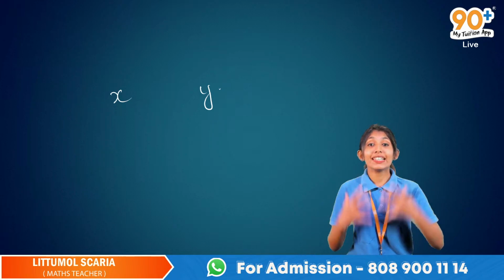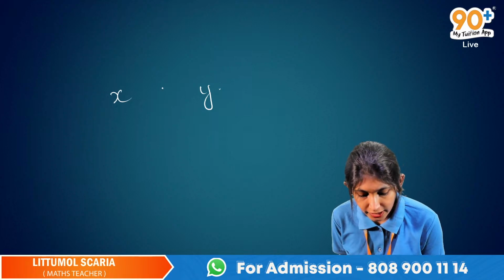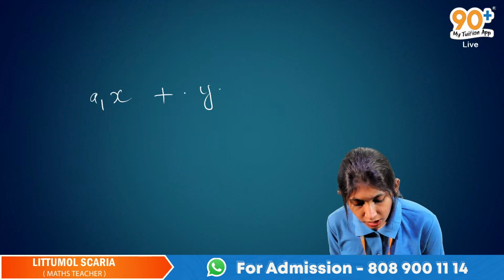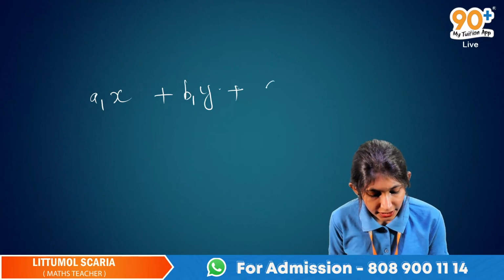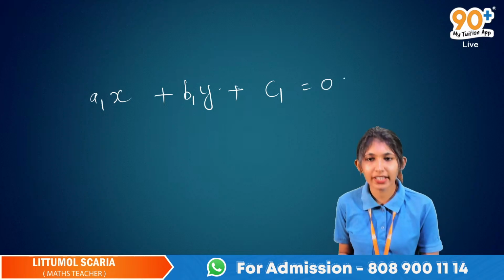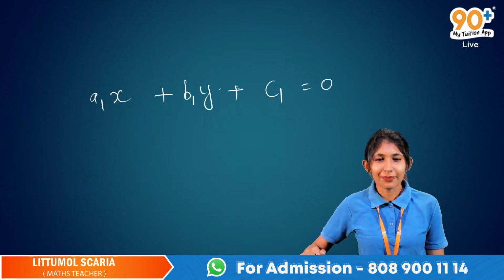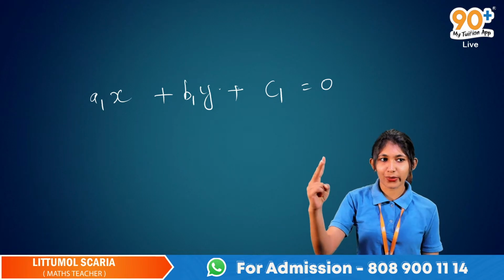What kind of equation? Linear equation, first order. So two variables will be there, and they will have some coefficients a1, b1, then there will be a constant. Why did we write a1, b1, c1? Because in this chapter we are going to see linear equations in two variables, or a pair of linear equations.